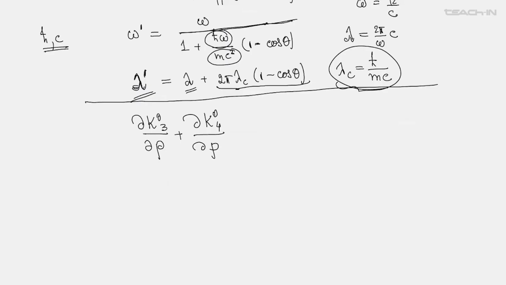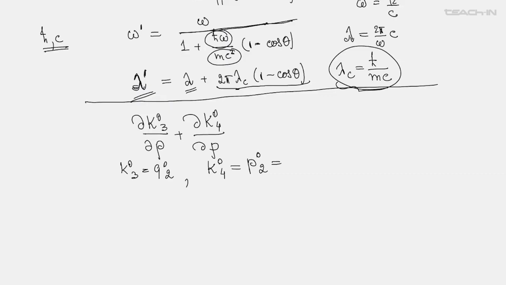One of them is an outgoing photon, so K03 coincides with the energy of the outgoing photon, and the other is the outgoing electron, so K04 I identify with the energy of the outgoing electron. And this is according to the conservation law here.